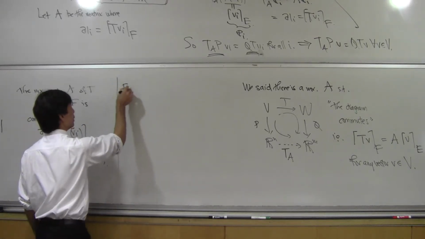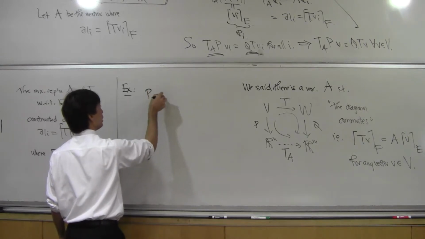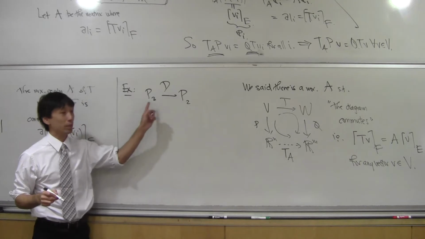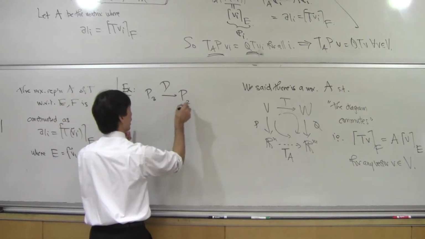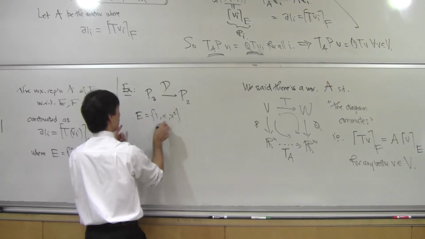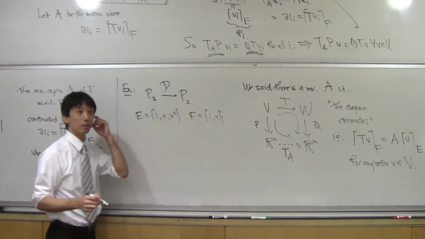So for example, going back to the example we did last time, the differentiation from P3 to P2, we took 1, x, x squared and 1, x as our bases.